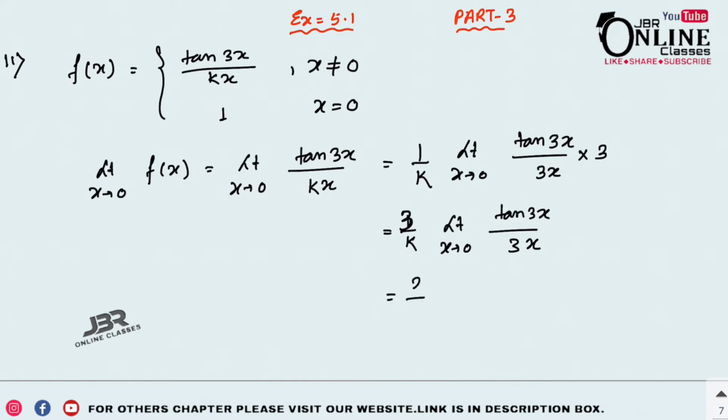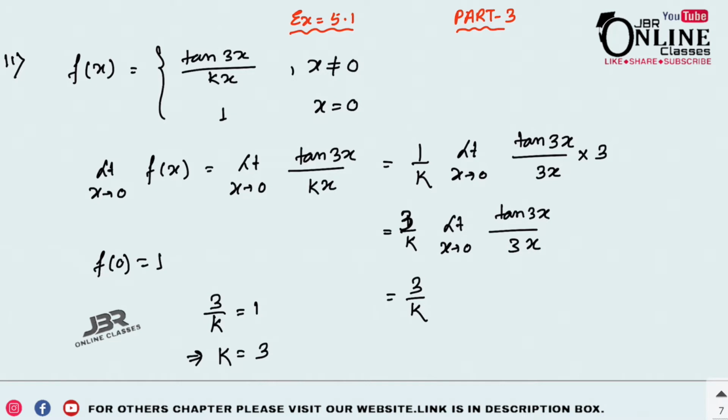So here you can write 3 by k. And here f(0) equals 1. So if f is continuous, then definitely 3 by k equals 1. So k equals 3 as your answer. It's a very easy problem.